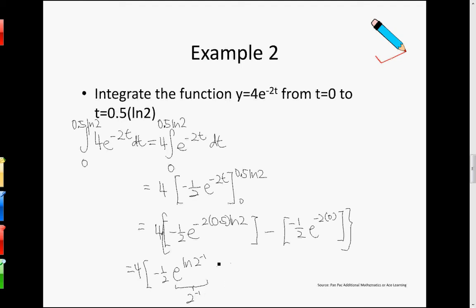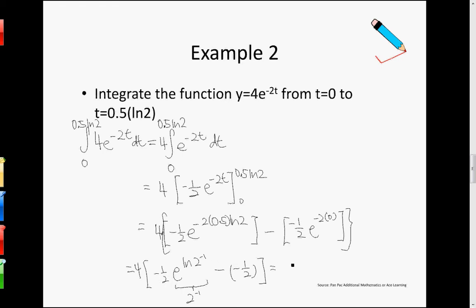Then I have to minus off this part over here. This is 0 on top, so e to the power of 0 is always 1, minus half. And this is just half.